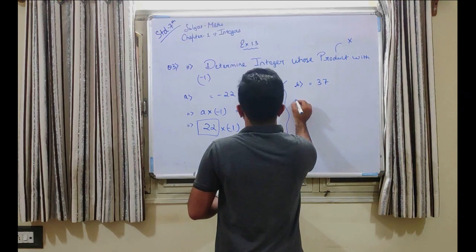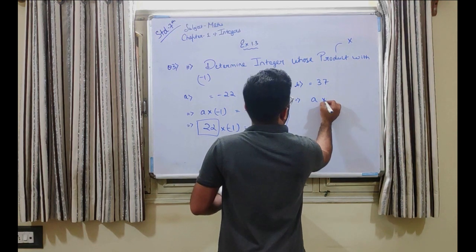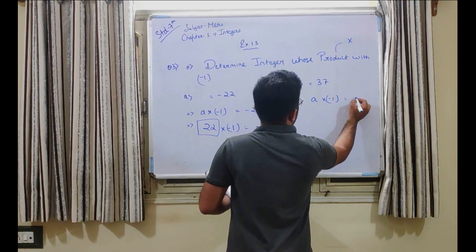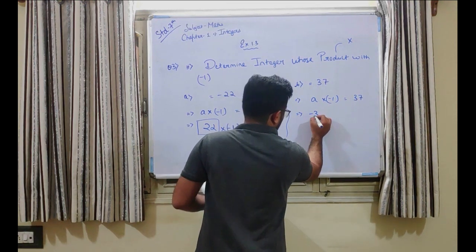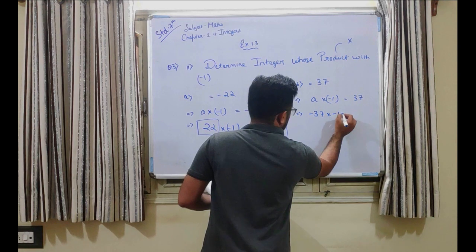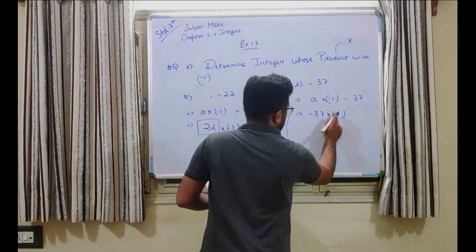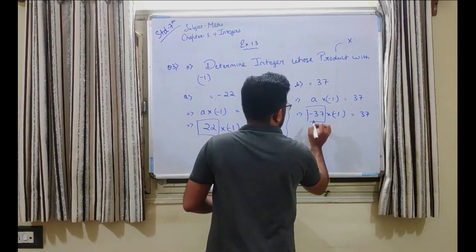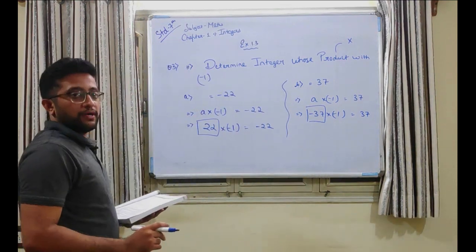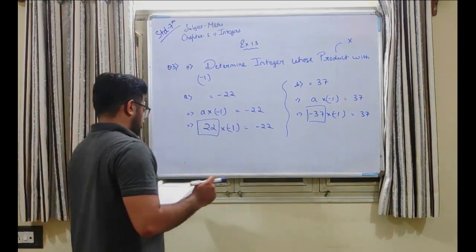So here A multiplied by minus 1 equals 37. So the number here must be minus 37, because minus minus plus. So answer must be minus 37.